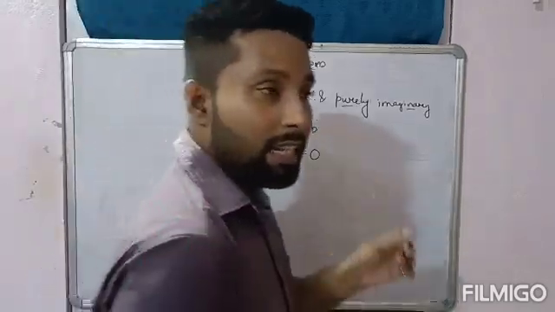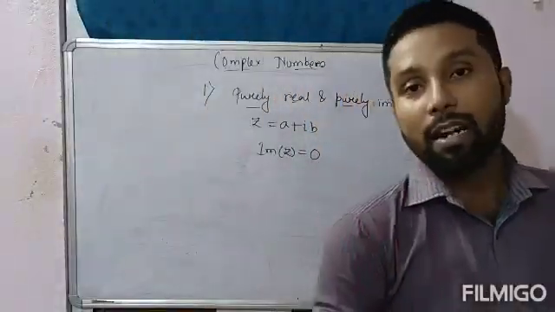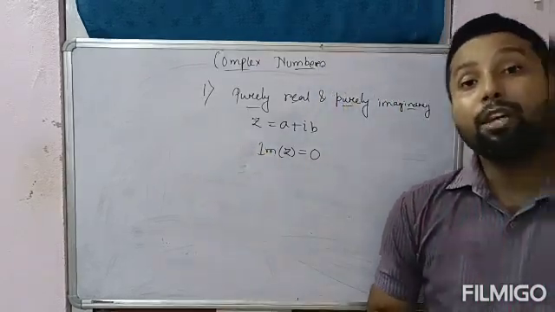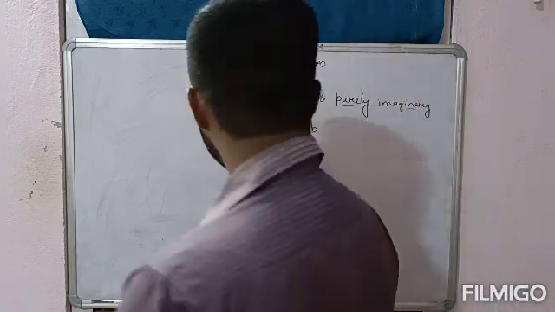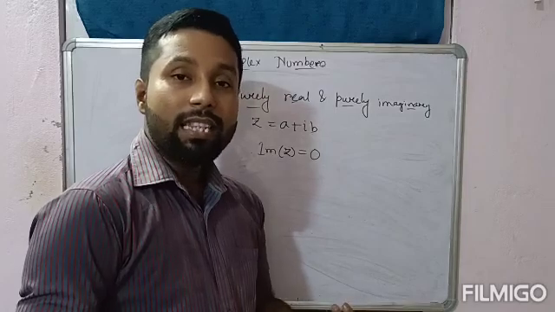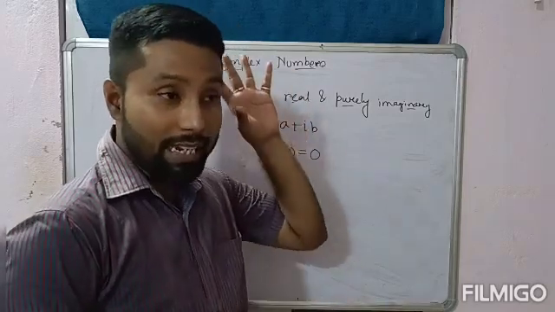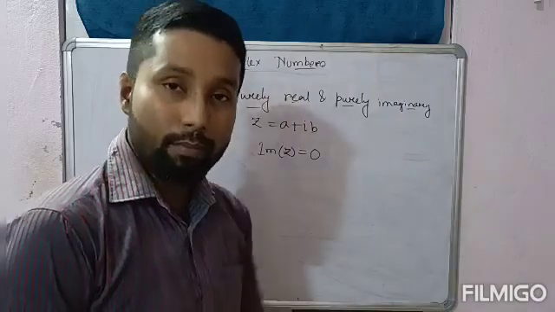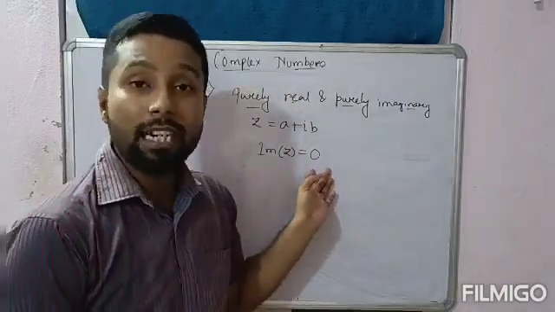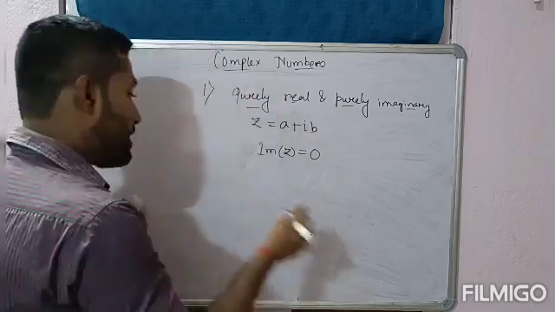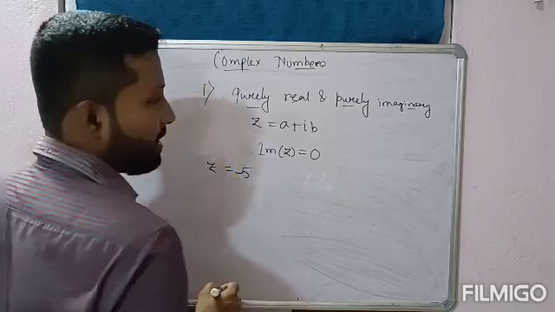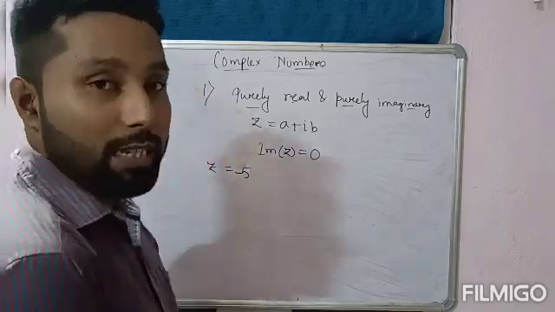अगर z का इमेजिनरी पार्ट 0 होगा तो then only we can say that the given complex number is purely real. क्योंकि जो कॉम्प्लेक्स नंबर में i रहेगा ना, वो तो इमेजिनरी होगा, तो इसका मतलब जो कॉम्प्लेक्स नंबर में i नहीं रहेगा उसी को प्योरली रियल नंबर बोला जाएगा. तो that is why we have to put imaginary part equal to 0. Alright, say for example z equal to, if I write -5, say whether it is purely real or purely imaginary number.